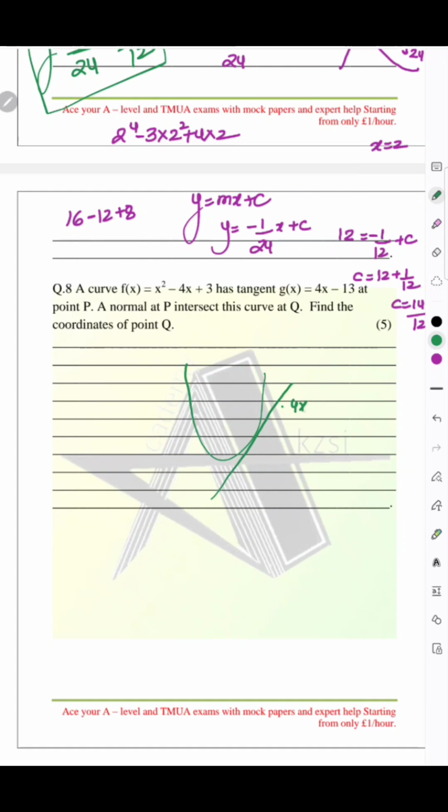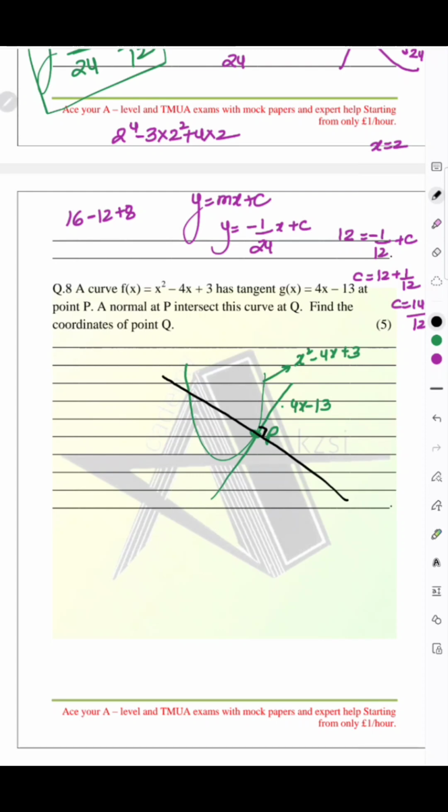The equation of the tangent is 4x minus 13, whereas the equation of the curve is x squared minus 4x plus 3, and they meet at point P. A normal at point P intersects this curve at Q. So this is the normal, perpendicular to the tangent, but it cuts the curve at another point as well.